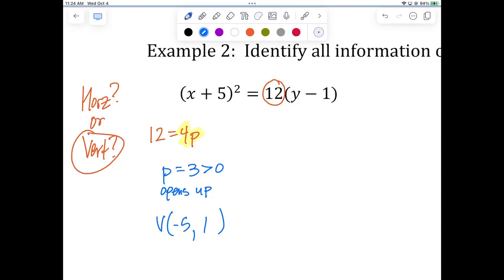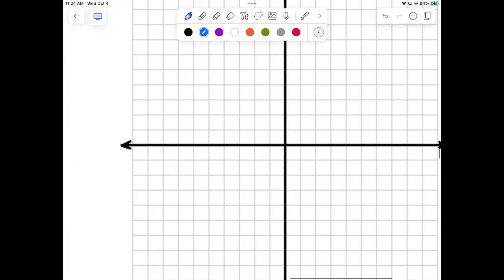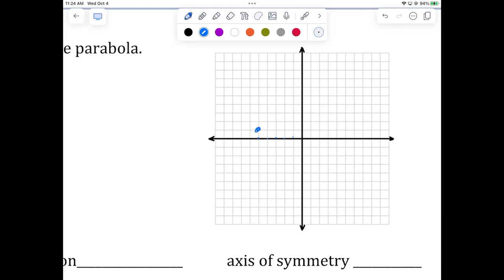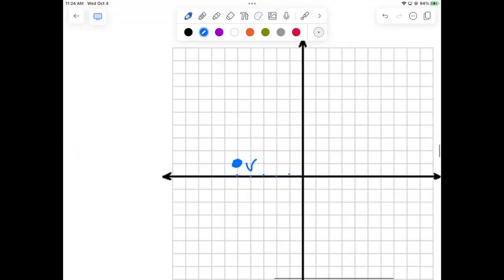All right. Is that enough to sketch the graph? I think so. Let's go to the vertex first. −5, 1. 1, 2, 3, 4, 5. And then +1. There it is. There's your vertex. And then p is 3. So from there, I'll go up 3, 1, 2, 3.